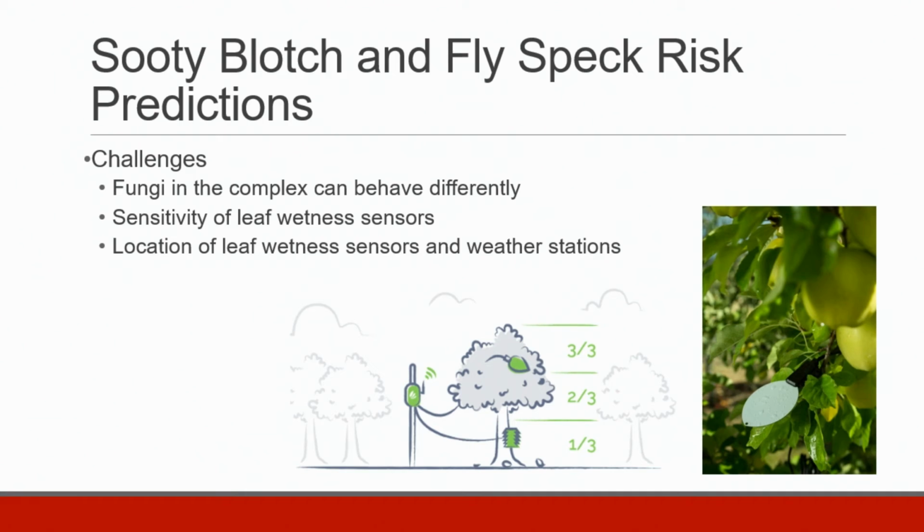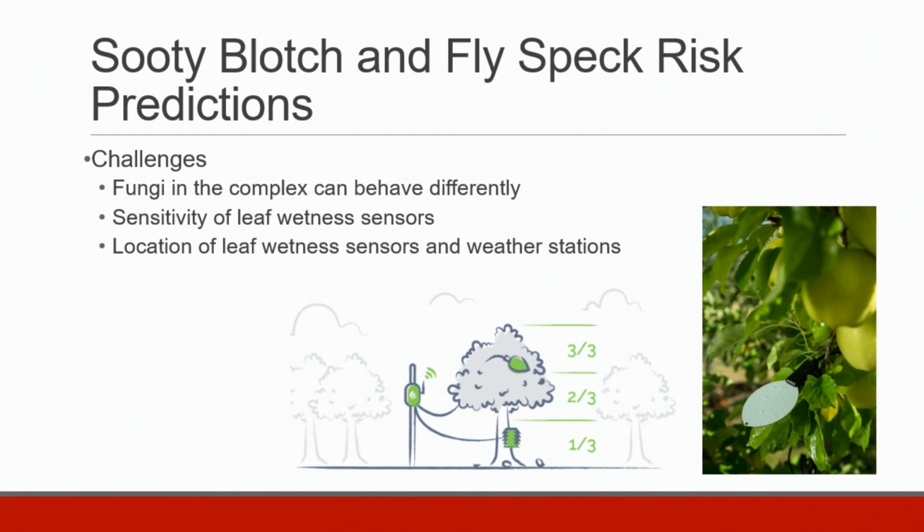A third challenge is the sensitivity and reliability of the sensors that are used to detect leaf wetness. Sensors that are collecting data in real time are more reliable than those that collect data at specific times, such as dusk and dawn. And the availability of more sensitive and accurate sensors is expanding.